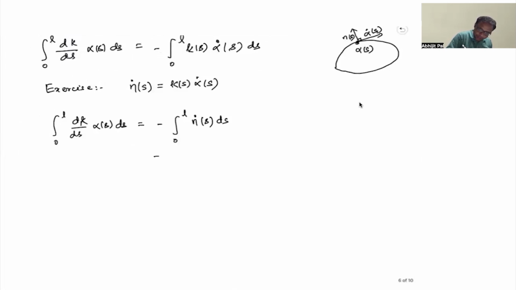So we have this integral, and this is equal to minus of n(L) minus n(0). Again alpha(0) is equal to alpha(L), so the normal vector at that point will be equal. So this is equal to 0. Therefore we have proved the subclaim.